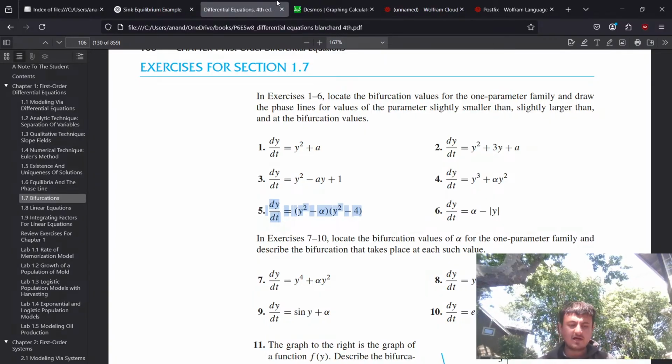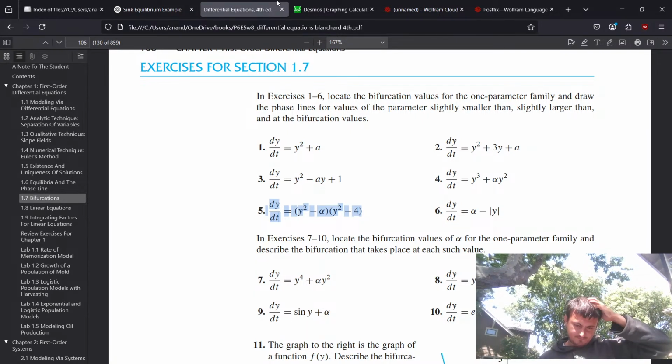Wait, let's finish my graph and then we'll ask ChatGPT for its graph. But I don't know if it's tanh or what. I don't know. But this one's really cool because it shows how you can combine them, right?